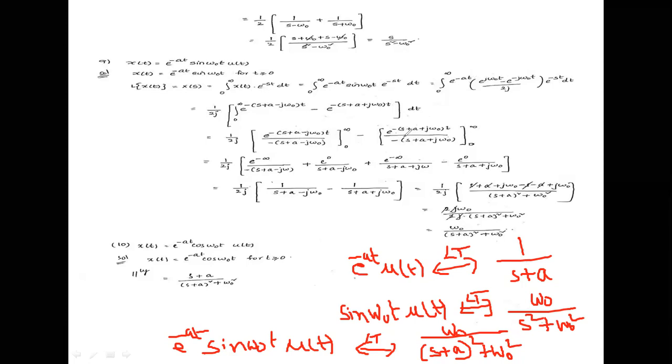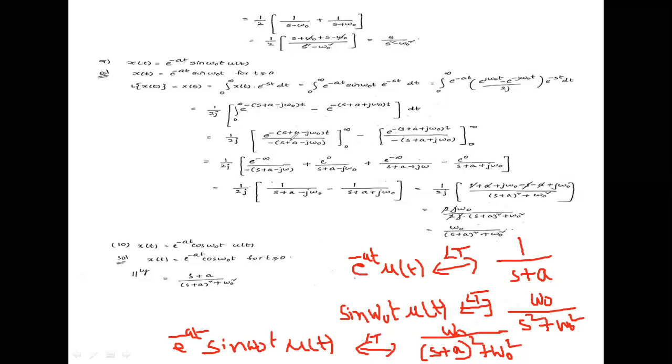Minus, for the second term, also apply the integral e power minus of (s plus a plus j omega naught) t. The coefficient of t you write in the denominator, minus of (s plus a plus j omega naught). Upper limit is infinity and lower limit is 0.